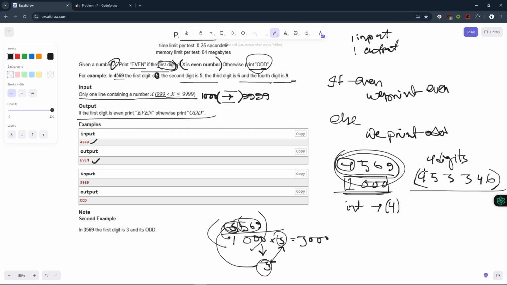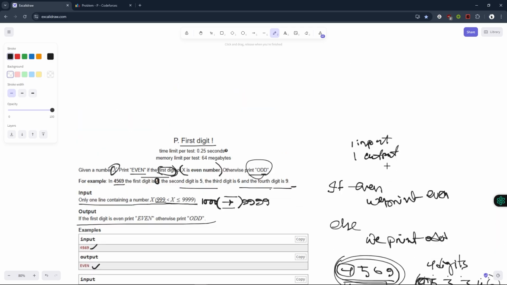So for this case, 1 2 3 4 5 6, there's going to be 6 digits, but the first one is going to be 1 and the other 5 are going to be zeros. What that does is calculate the first digit. I hope everyone got that.